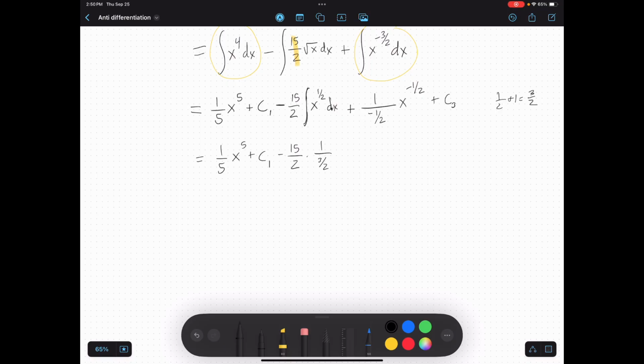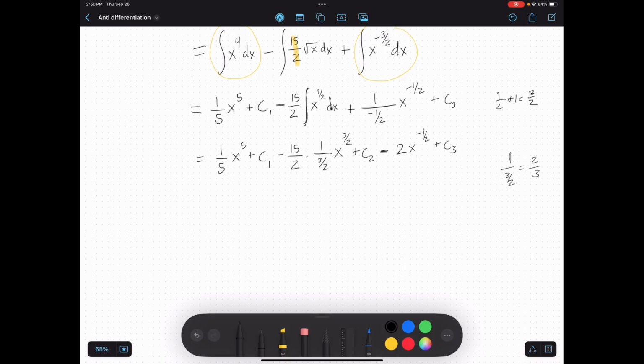So 1 over 3/2 x to the 3/2 plus c2. And then plus, I'm going to simplify this a little bit. That negative 1/2 in the denominator makes this a minus, and 1 over 1/2 ends up just equaling 2. Now what? Well, there's a few more things that I can simplify, right? 15 over 2 times 1 over 3/2. 1 over 3/2 is just equal to 2/3. I can flip and multiply, and I just get 2/3.